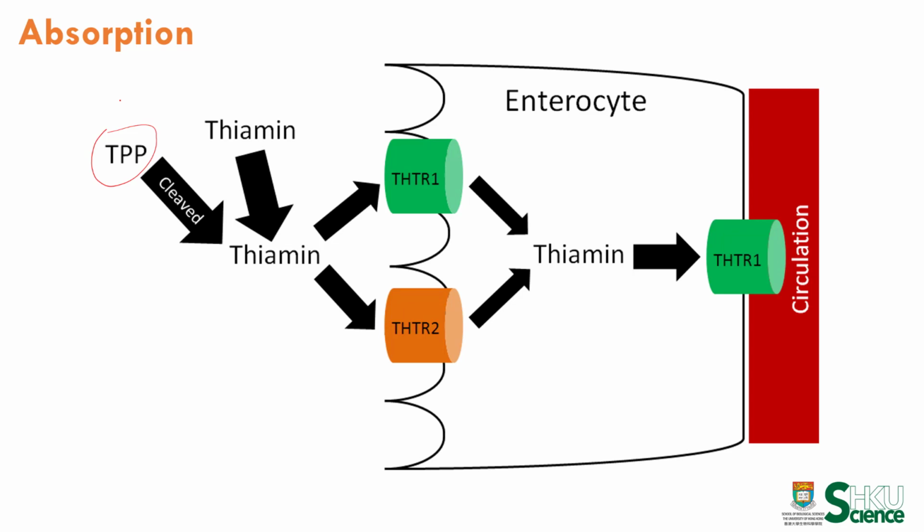TPP stands for thiamine pyrophosphate, which is the active form of thiamine. And therefore, this is the form you normally find in any living cells, because that's the form they use to support energy metabolism. But this form is not directly absorbable, so it has to first be cleaved to form the free form of thiamine. Sometimes you also find the free form of thiamine in the food supply.